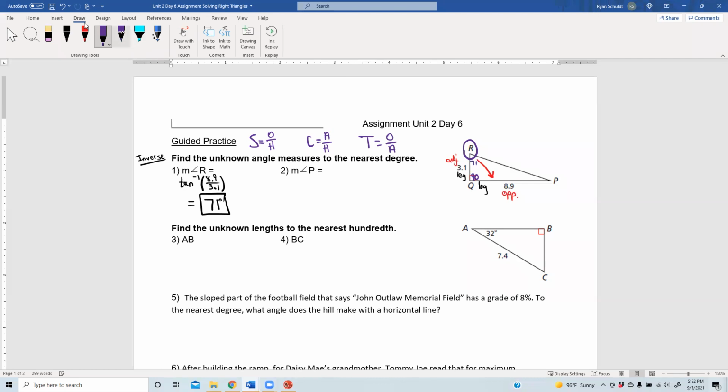So just do 90 plus 71, which gets you 161, and then subtract that from 180. So 19. So the measure of angle P is 19 degrees.